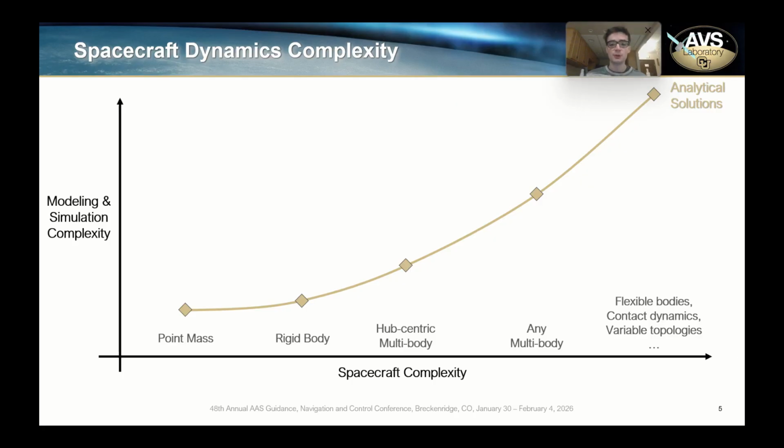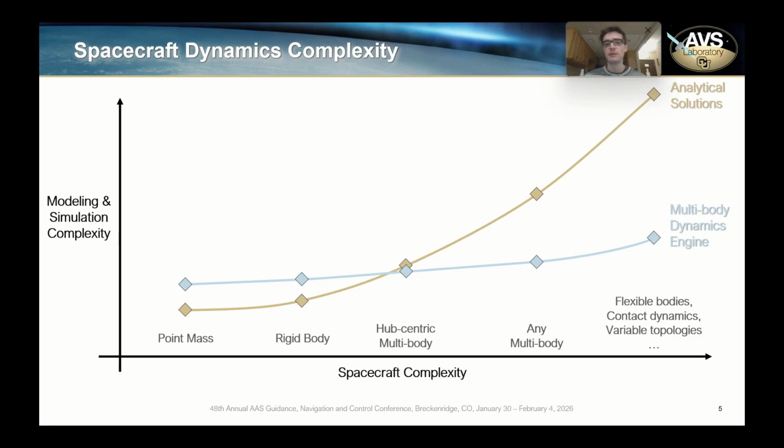Our solution to this problem is multi-body dynamics engines, which provide a more abstracted framework that allows you to scale on complexity much more linearly. Even though you pay some complexity up front when you're only considering point mass or rigid body spacecraft, as you start adding components, the complexity of simulation doesn't grow as it did before.